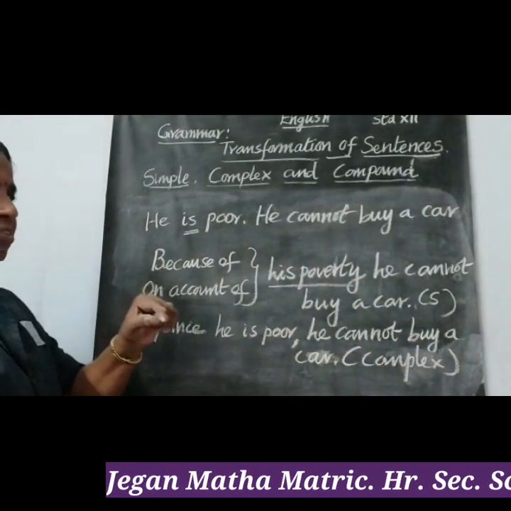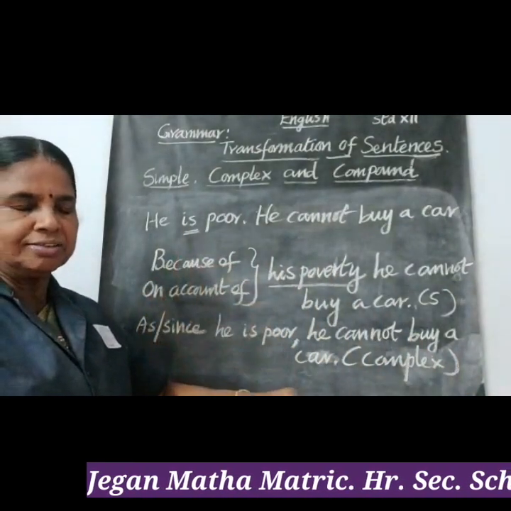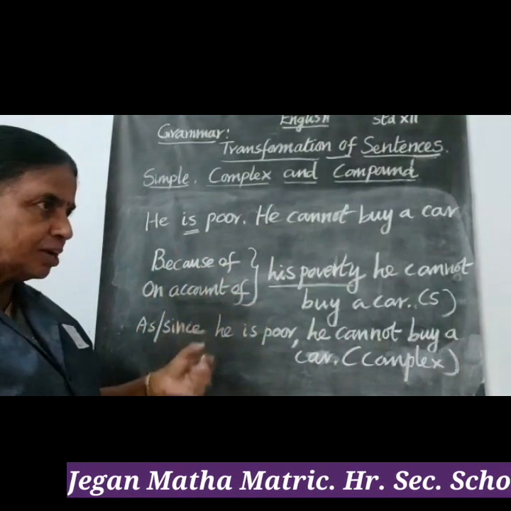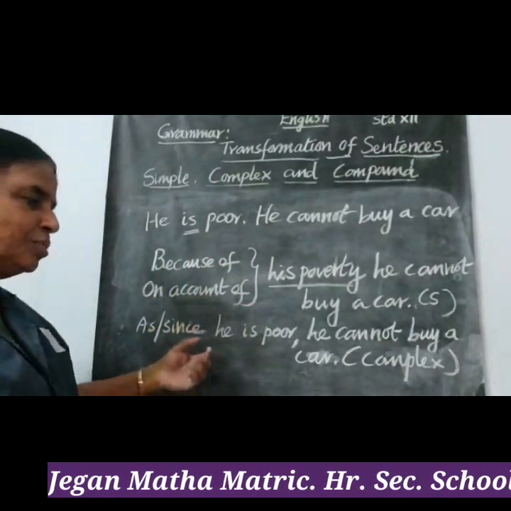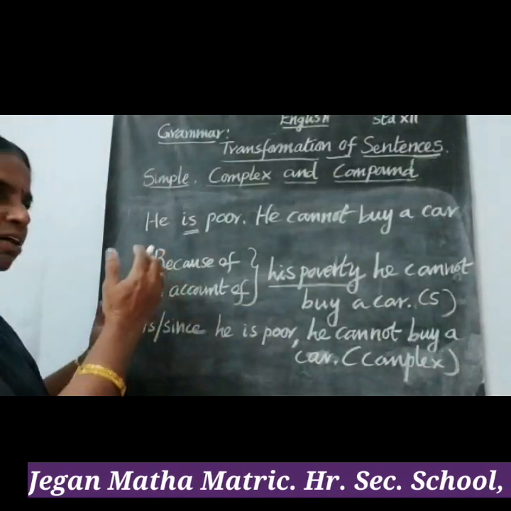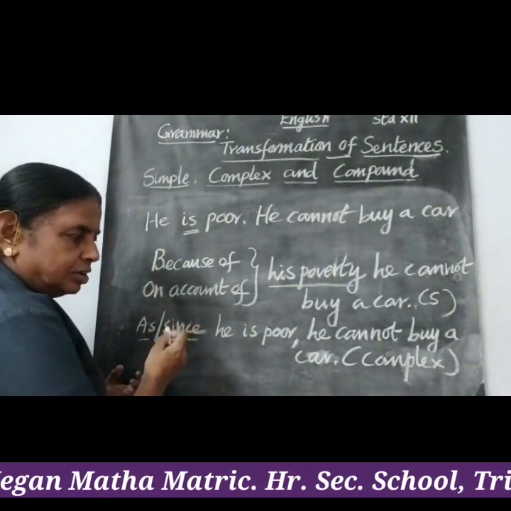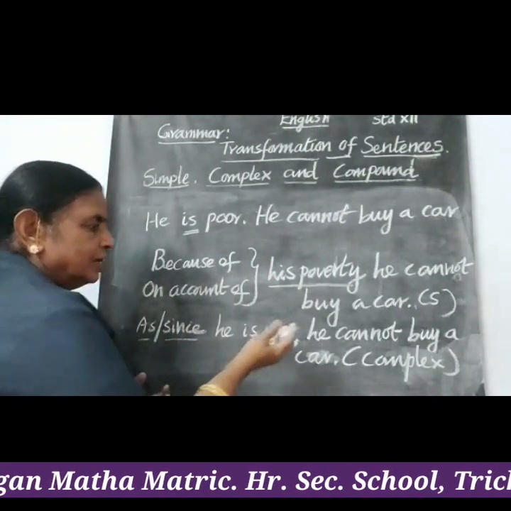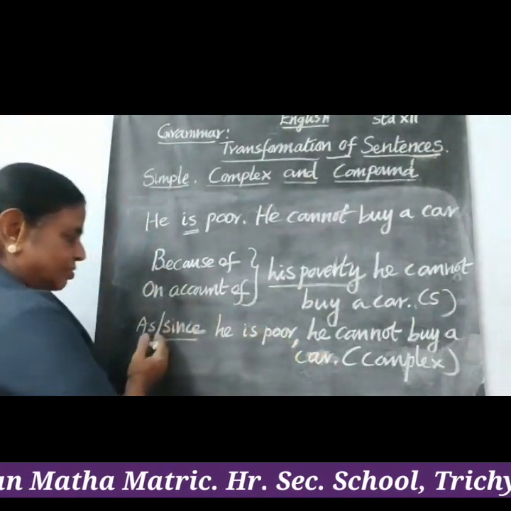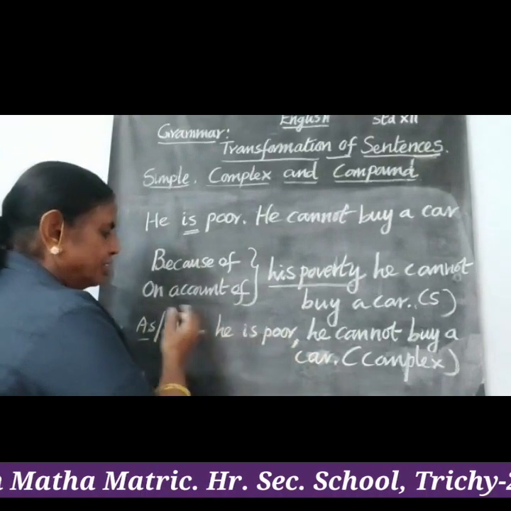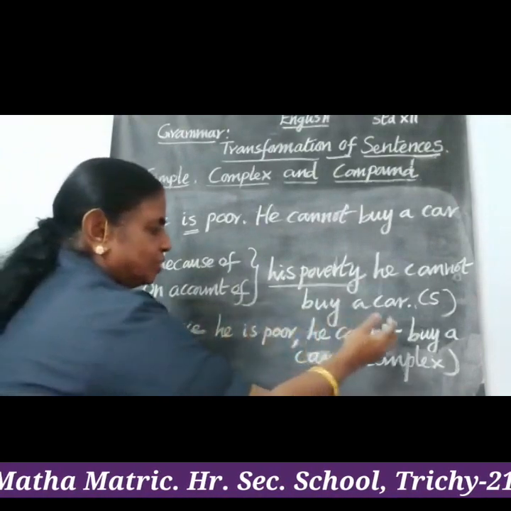Now you can even use because. You know, that's the difference between because of and because. When you use because, it cannot be used at the beginning of the complex sentence. As and since are used as connective words or conjunctions at the beginning of the complex sentence. As he is poor, since he is poor, he cannot buy a car.